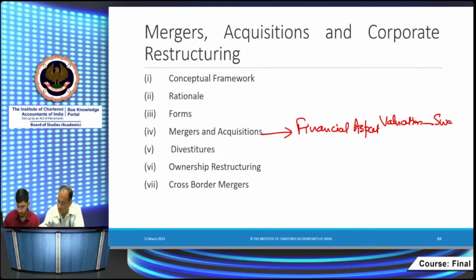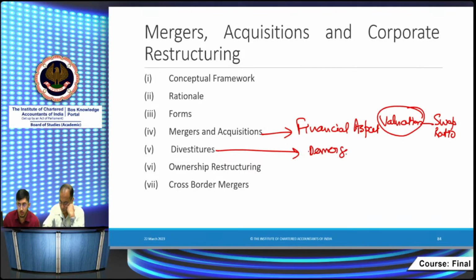Then there can be a swap ratio, because once the valuation of securities is clear, we can decide in what proportion they will be exchanged. Divestiture is also important because demerger matters: nowadays there is a spirit of merger and acquisition, but sometimes, to concentrate on one business, a company may sell off another business.